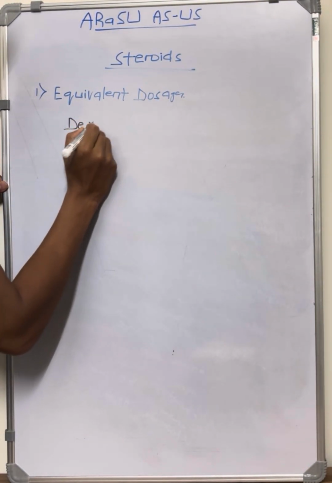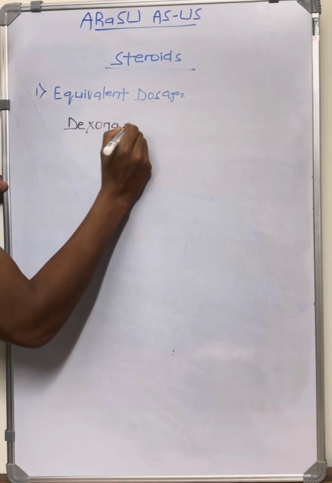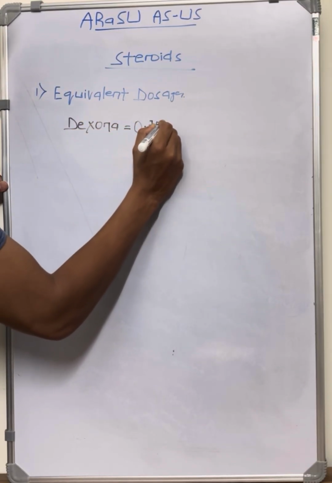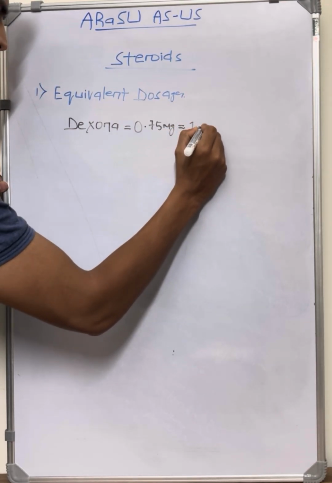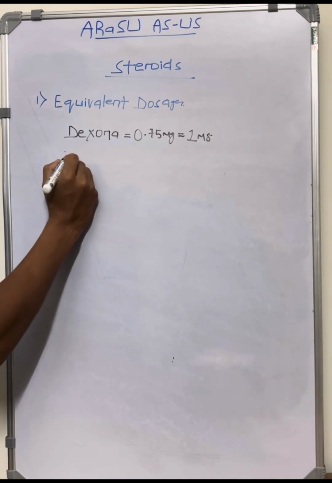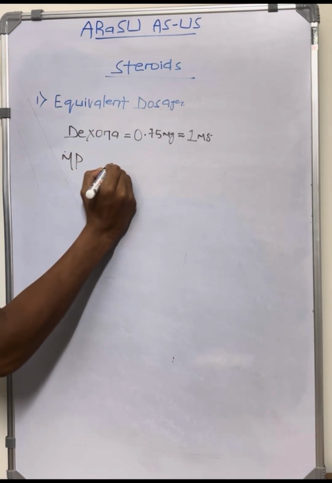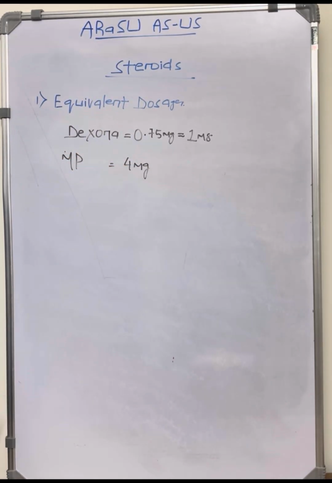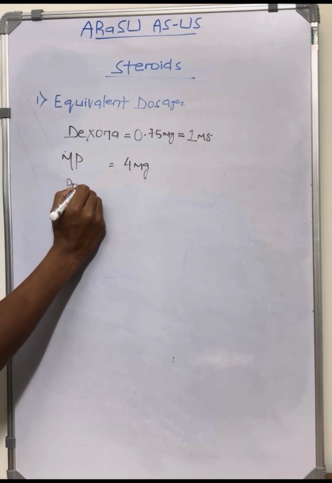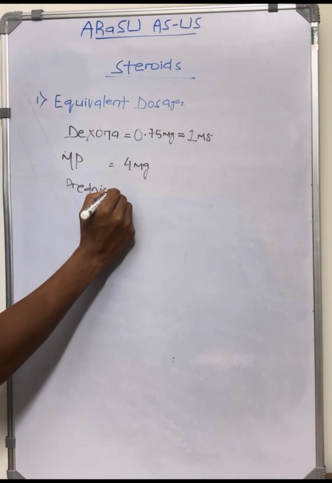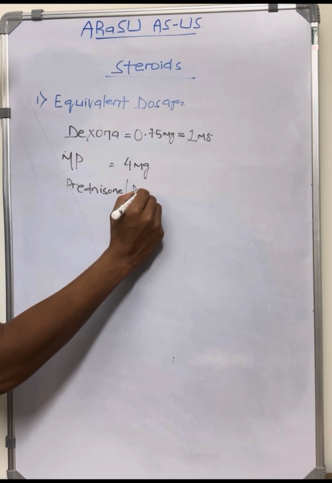Dexona or dexamethasone of 0.75 mg, roughly we can consider it as 1 mg. This is equal to methylprednisolone of 4 mg and equal to prednisone or prednisolone.